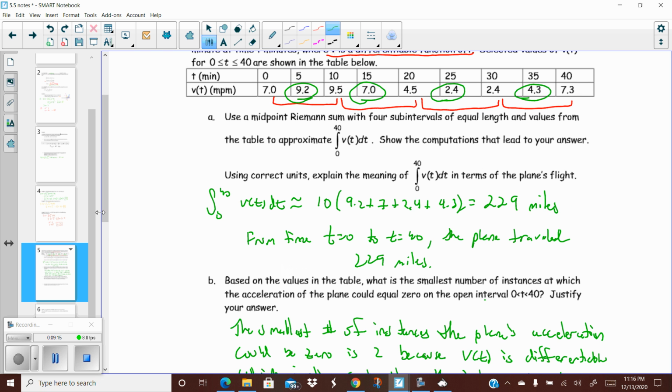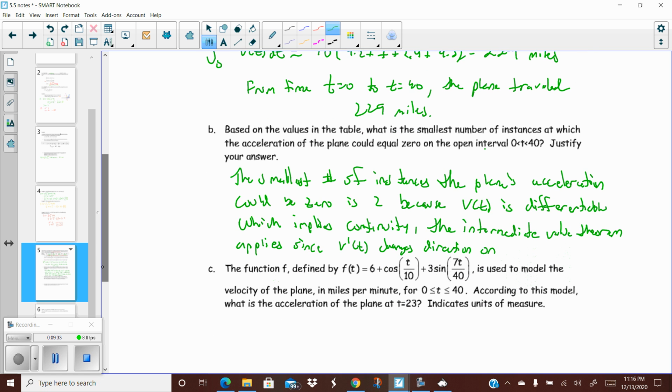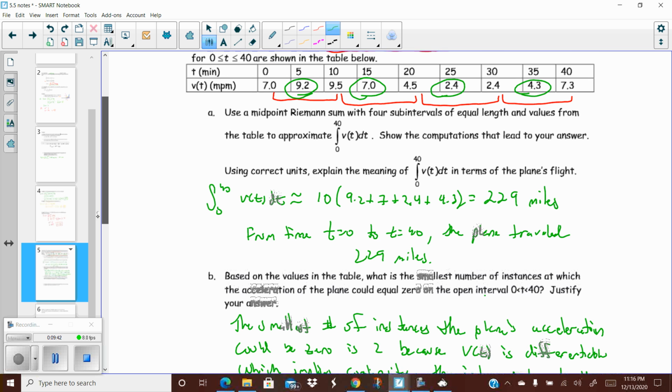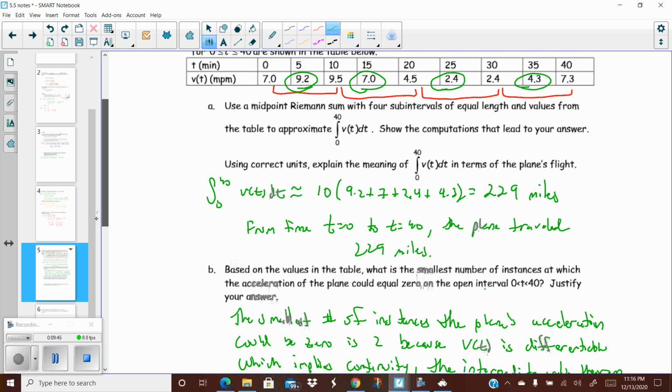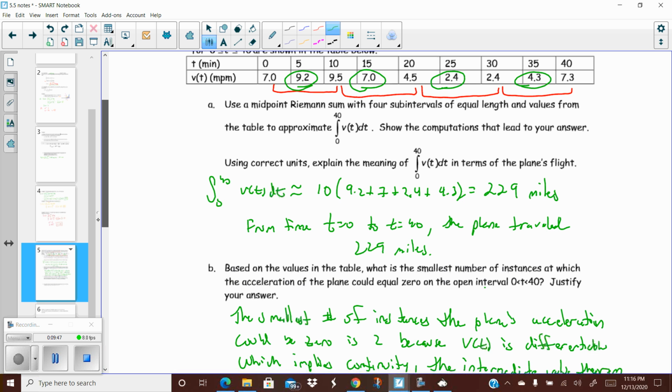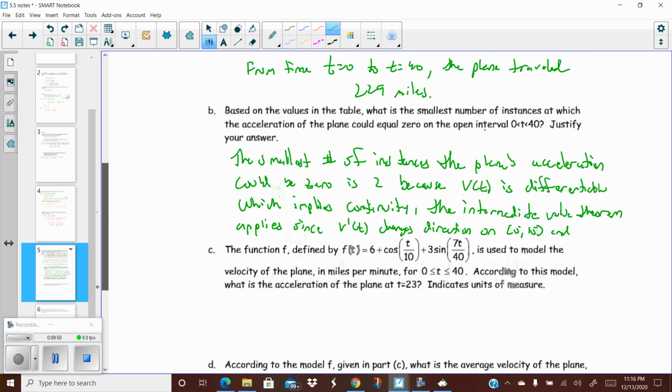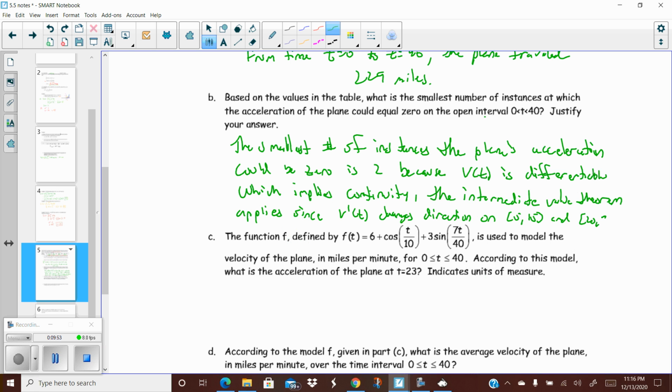So someplace in between, let's see, goes increasing up to 10 and then back down to 15. So someplace between the intervals of, let's just say 5 to 15. And let's see, the next interval would be someplace in between, let's just say 20 to 35. So we know it's got to occur someplace in those intervals.